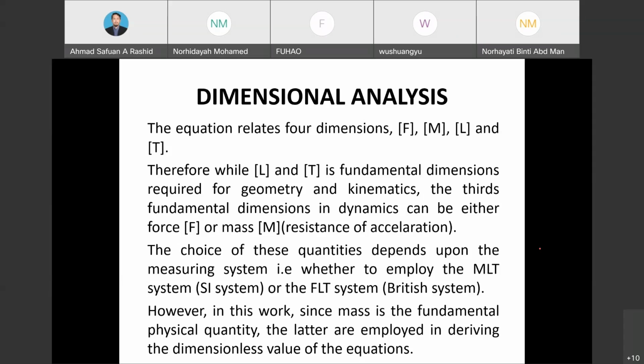So it depends. If you want to use FLT rather than MLT, at least you reduce the number of primary dimensions and reduce the complexity of the problems.